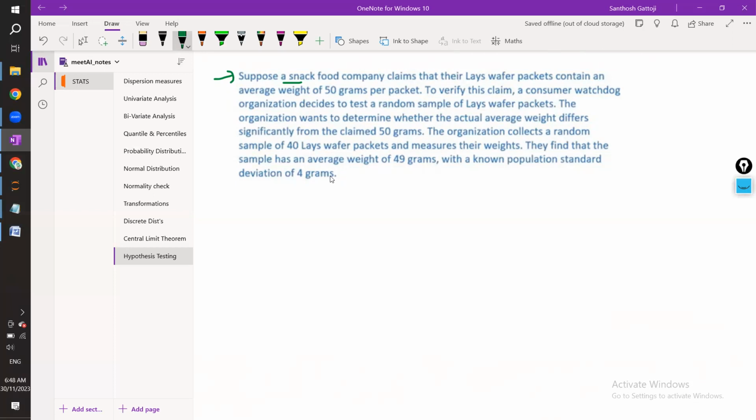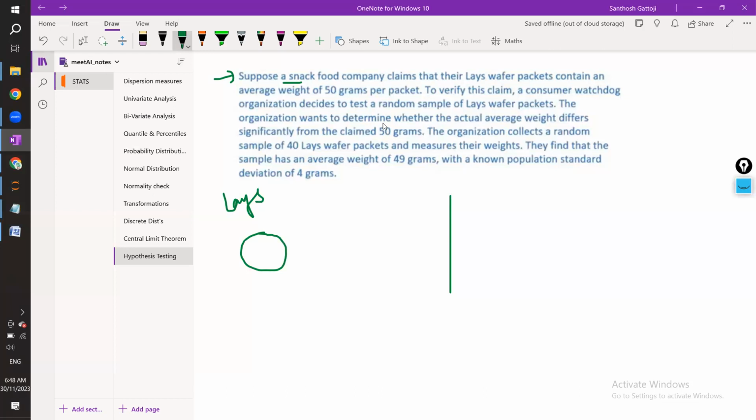So see what's happening over here is the Lays company is saying my Lays wafer packets on an average weigh 50 grams. That is what their statement is. Now, a consumer watchdog organization wants to test whether the statement is true or wrong, or whether they are trying to fool people.